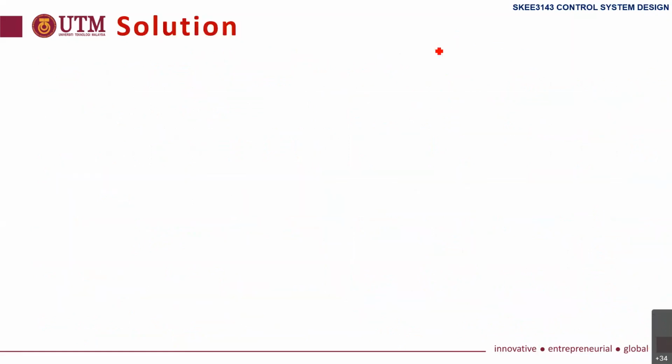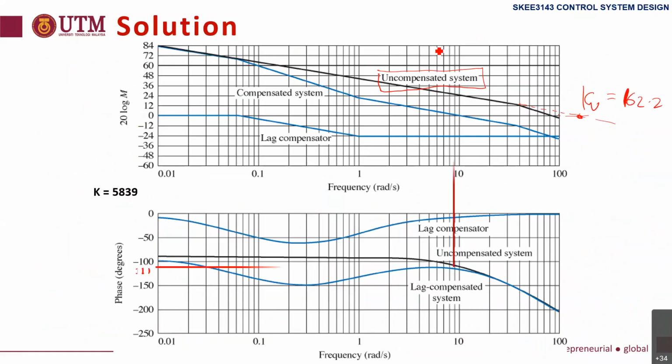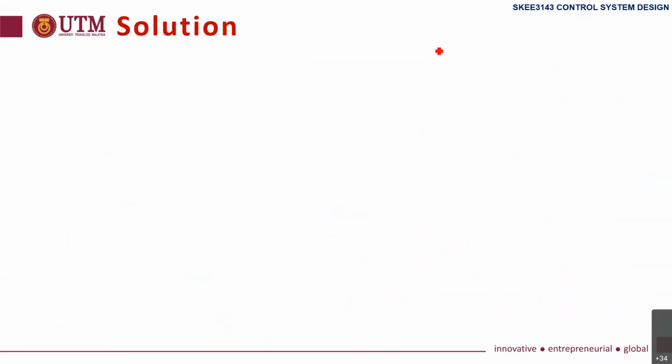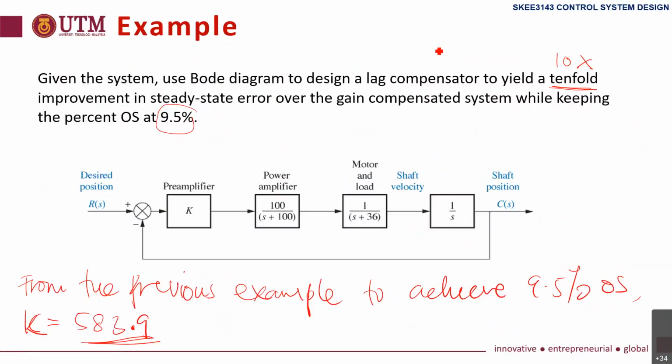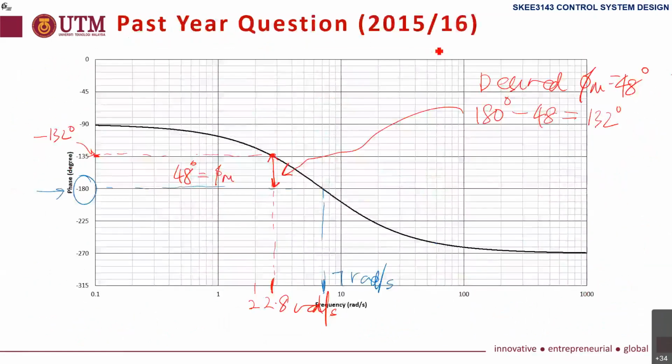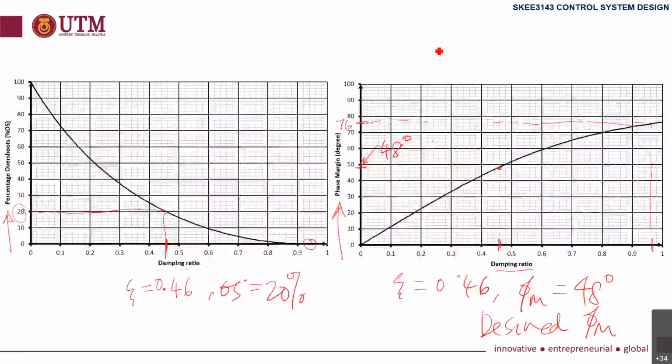How to do it? For 9.5% overshoot, we look back into this.